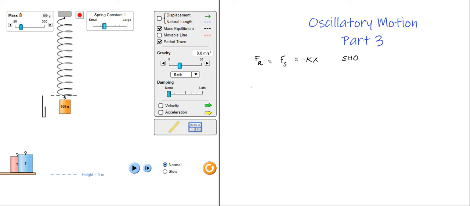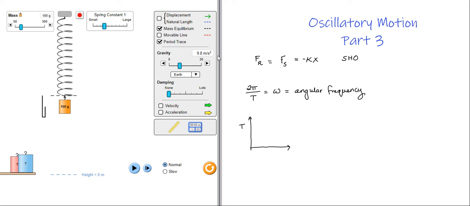So let's take a look now and see if we could set up the function here. Now we know that 2 pi over T is the angular frequency for this motion. And we saw in the last video that the angular frequency is also some relationship of physical parameters, not only this abstract idea of 2 pi radians over T. So let's see what things affect the period of oscillation for this oscillating spring.